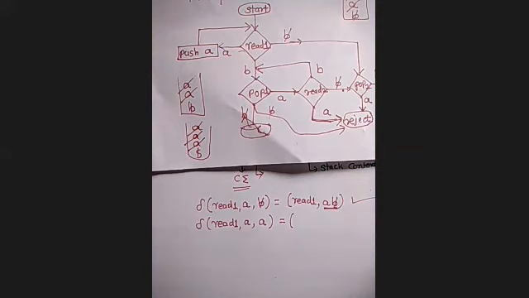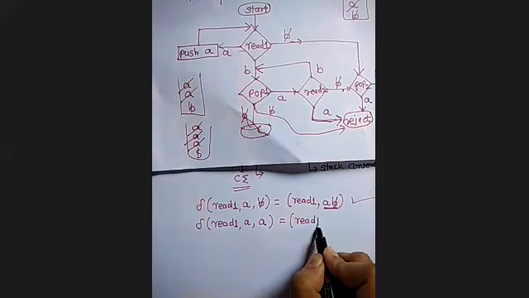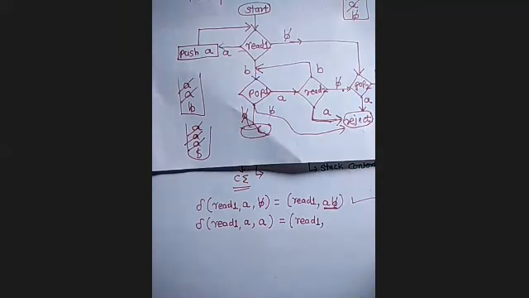We are considering these equations for the states. Our states are read 1 and read 2. So the next state after read 1 is read 1 only. And what will the stack contents be?